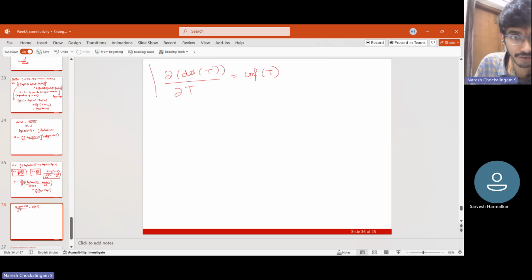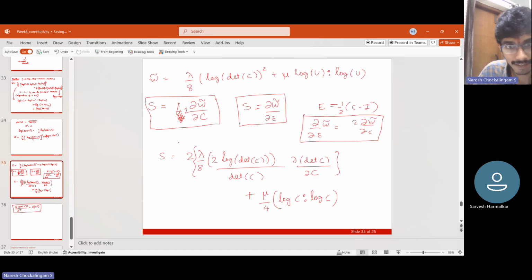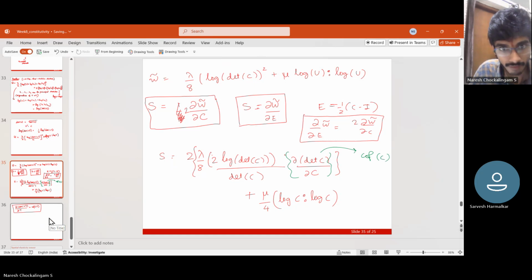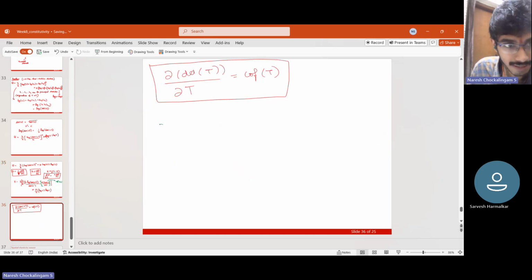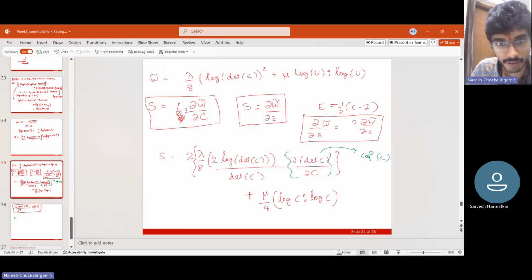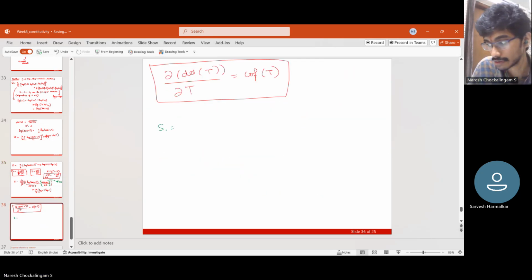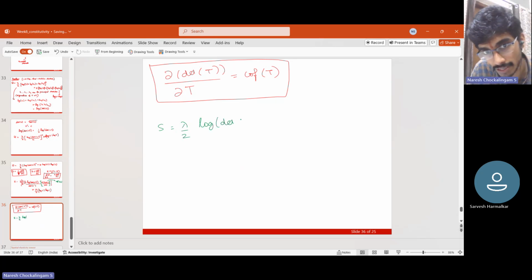Use this expression, and what we get is this. So we get S equal to the first term. This term becomes the cofactor of C. So S is equal to, the 2 gets cancelled, you get lambda by 2 times log of determinant of C divided by the determinant of C multiplied by the cofactor of C.